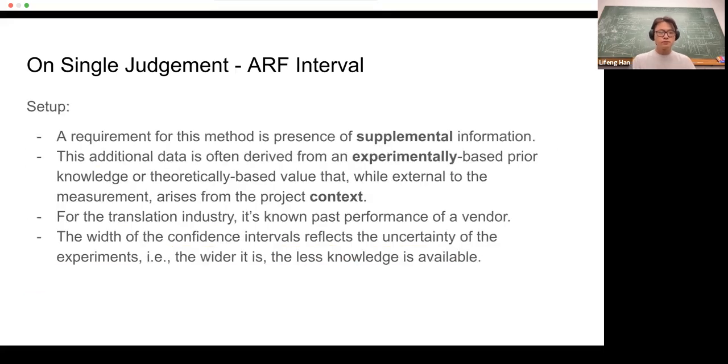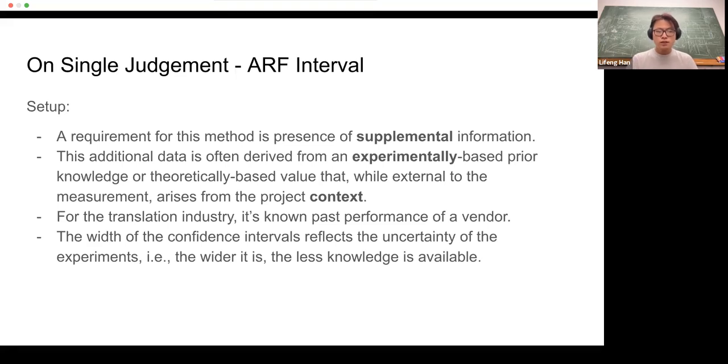The setup for this method requires that it presents supplemental information. This additional data is often derived from experimentally based prior knowledge or a theoretically based rule that is external to the measurement, as it arises from the project context.